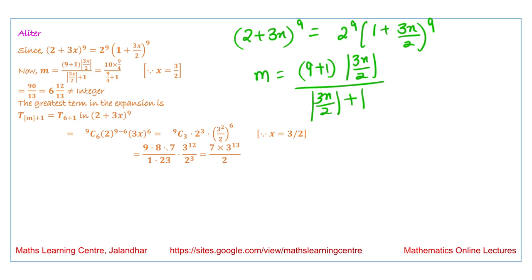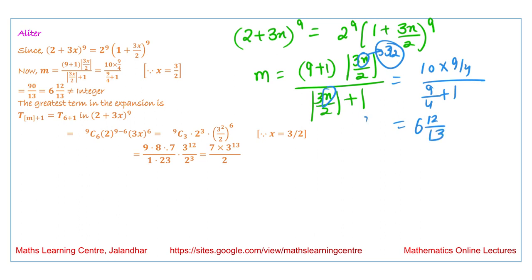The value of x that we substitute here is 3/2. On substituting, we get 10 into 9/4 divided by (9/4 + 1). The answer we obtain is 6 12/13, that is 90/13, and this is not an integer.